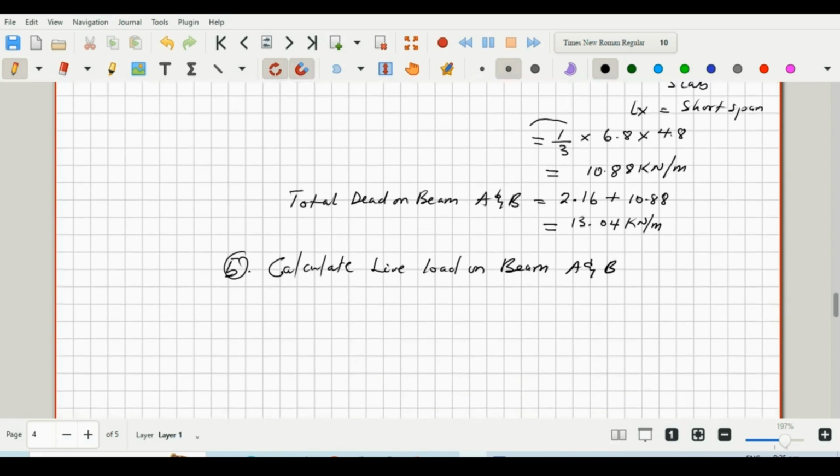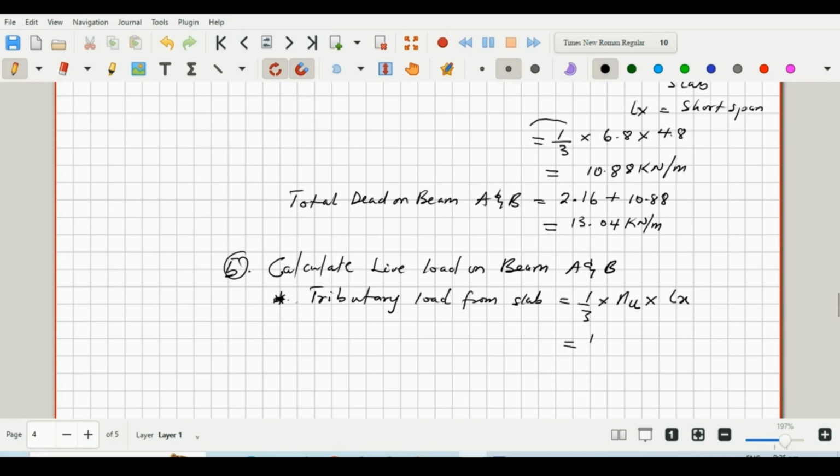So consider tributary load from slab, and that is giving us 1 on 3 multiplied by NLL, the life load of the slab, multiplied by LX.